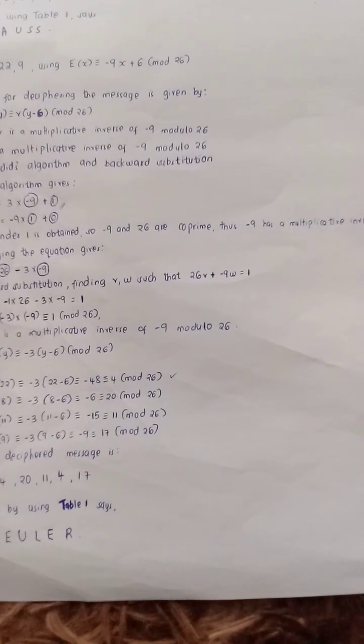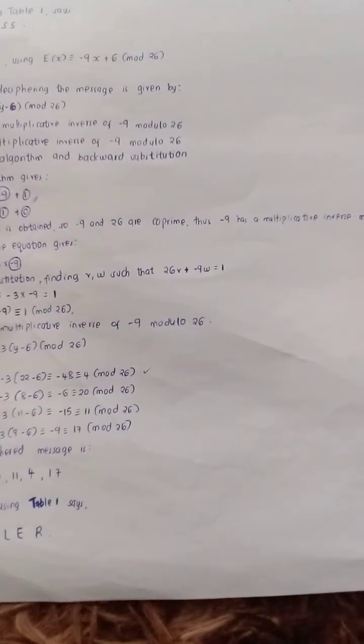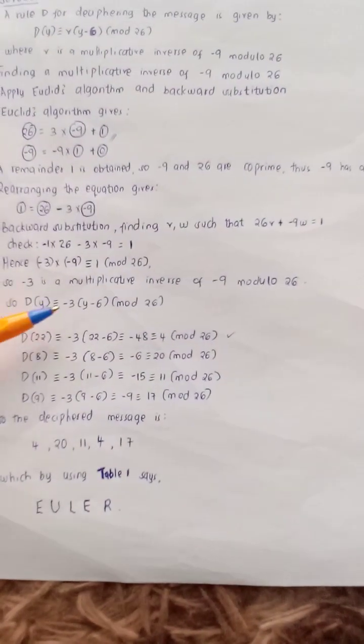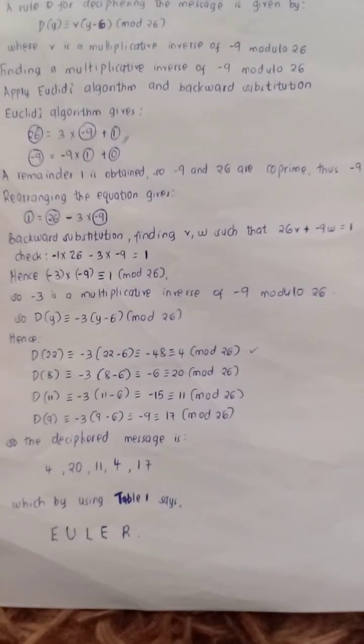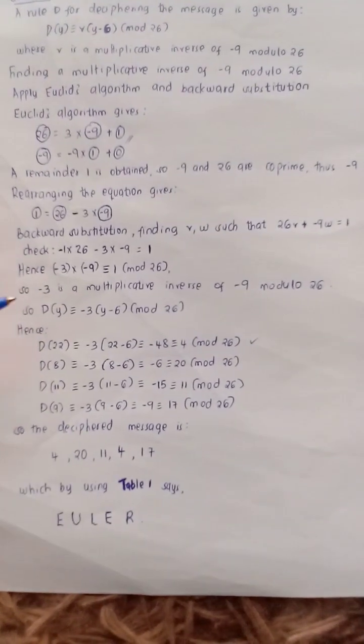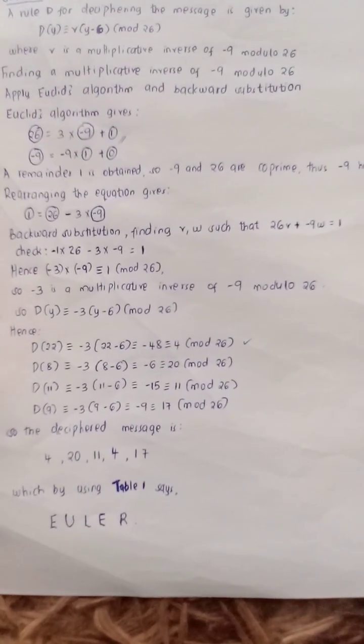So the deciphering rule is D(y) ≡ −3(y − 6) modulo 26.